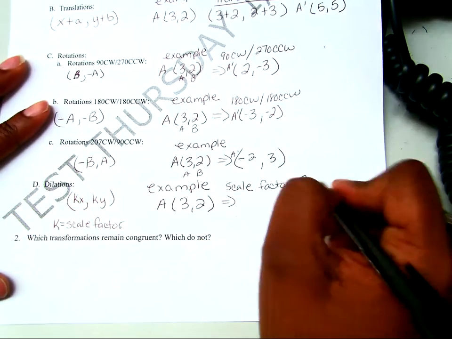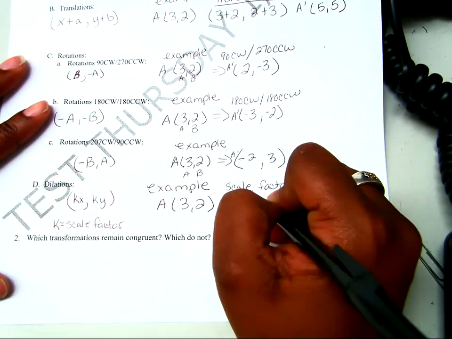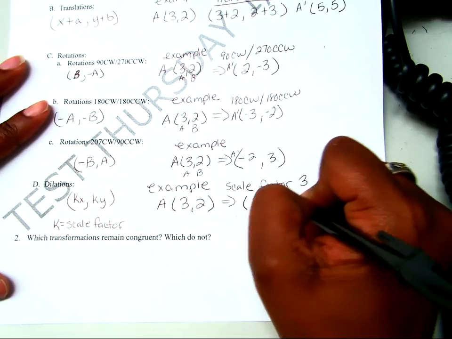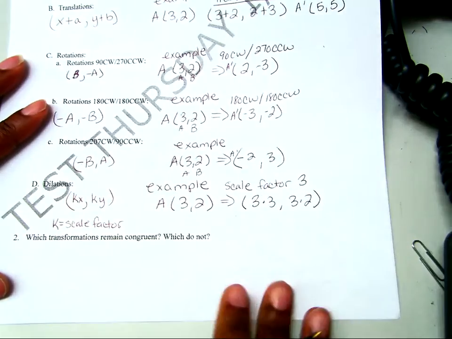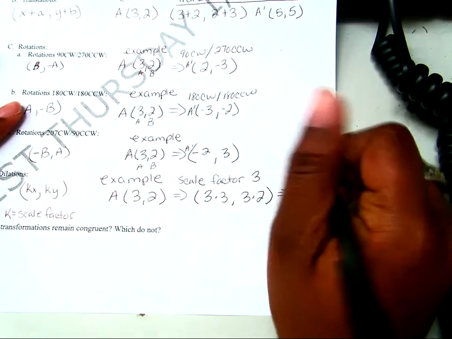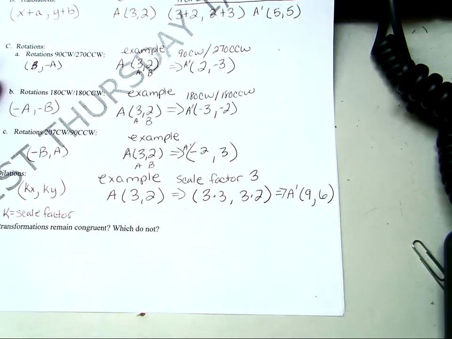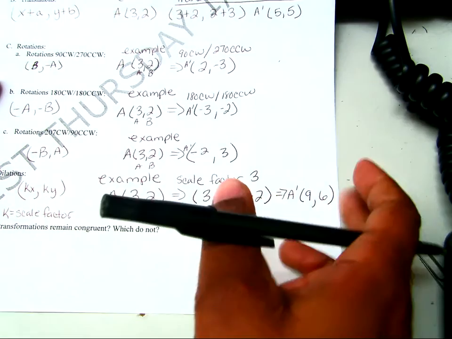Then I would go scale factor first, 3 times 3, comma, 3 times 2, close that up. So my A prime in this situation is (9, 6). All right.